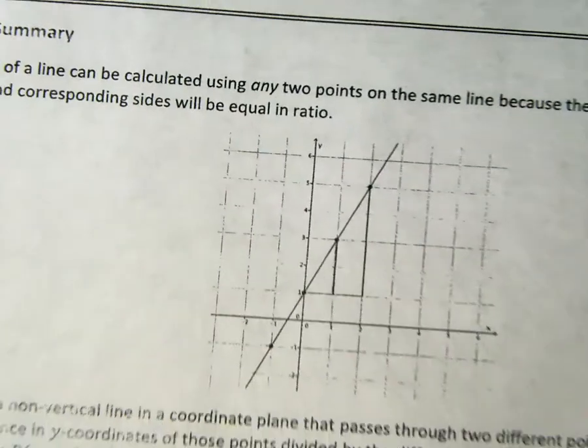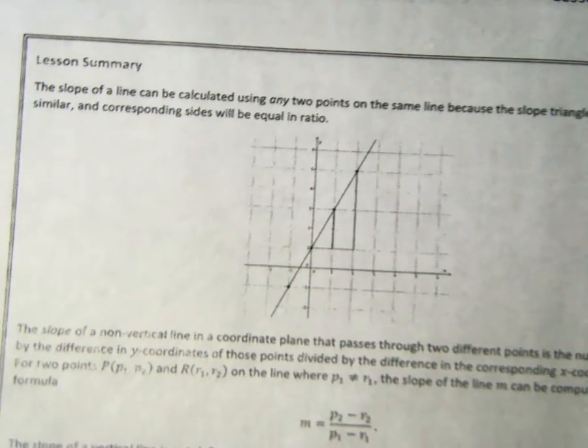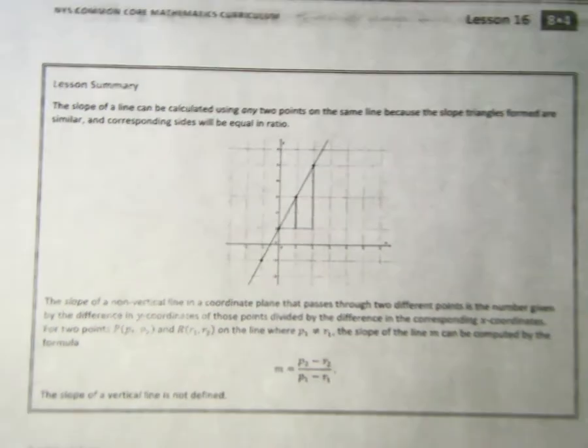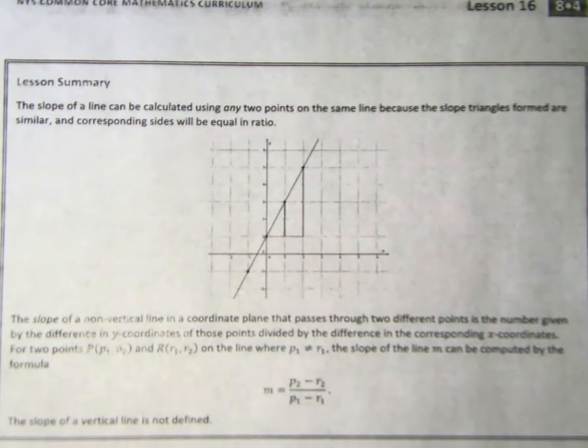Go ahead and locate your lesson summary to answer some of the questions below with me. We know that the slope of a line can be calculated by using any 2 points on the line.